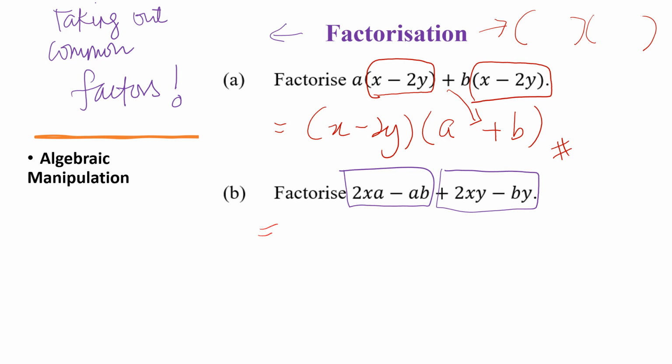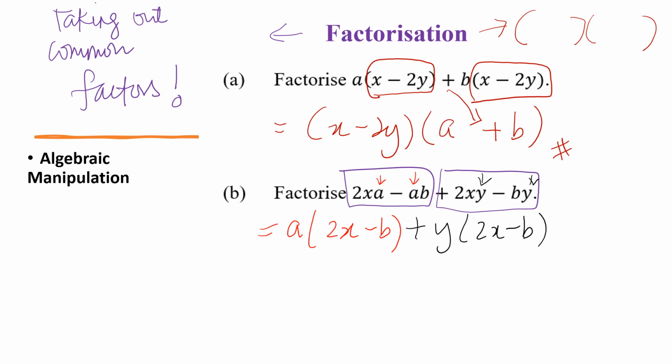What's the common factor there? Yes, the common factor is A. So let's take it out. Done. Then go on to the next two. What's a common factor? Yes, you see y there. So we take out y. Then you have 2x minus b.